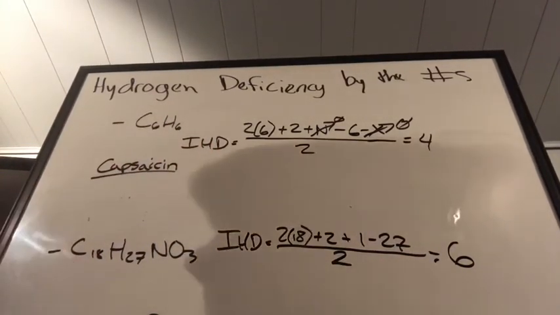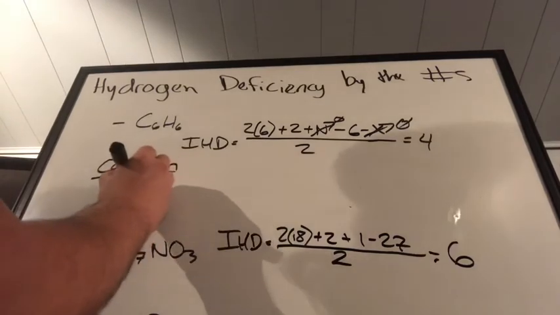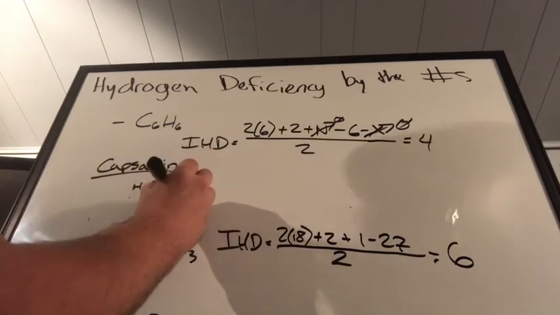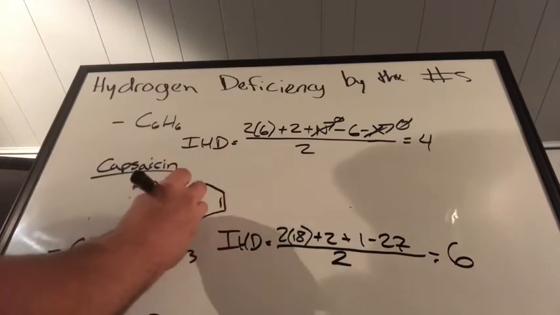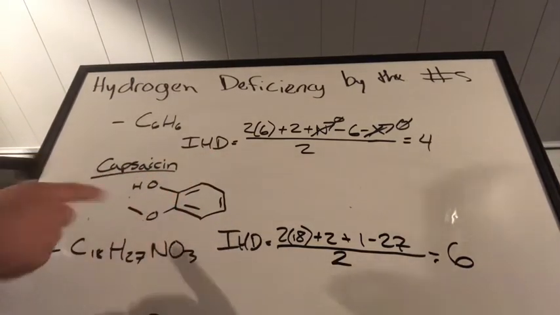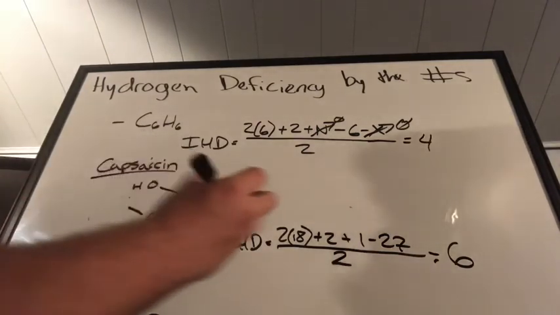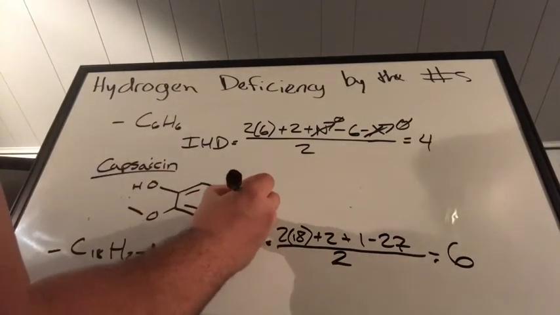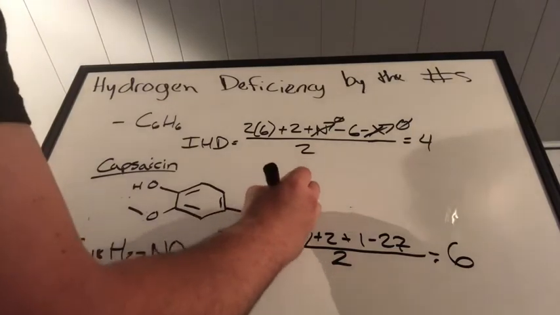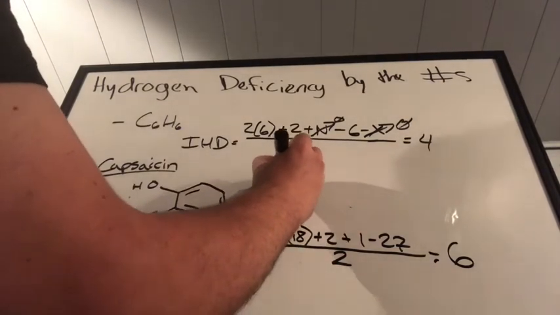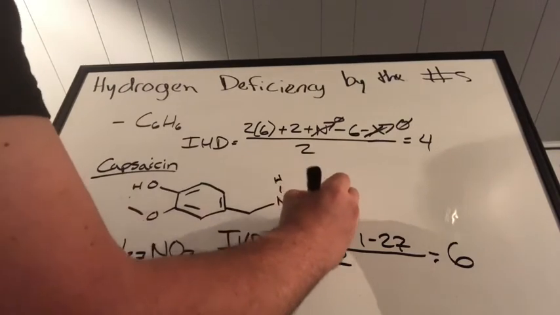Again, that's the molecular formula. It's going to have a hydroxyl group hanging off of it. It's going to be a phenyl ring. And then there's going to be an ether, a methyl ether there. Okay, so you're going to have 1, 2. So that's going to be an amide.